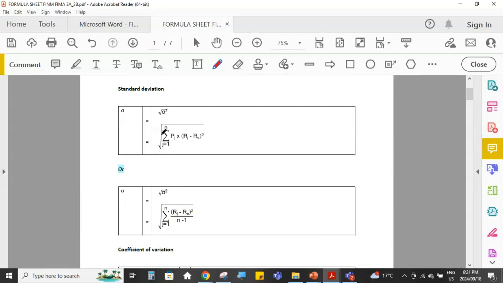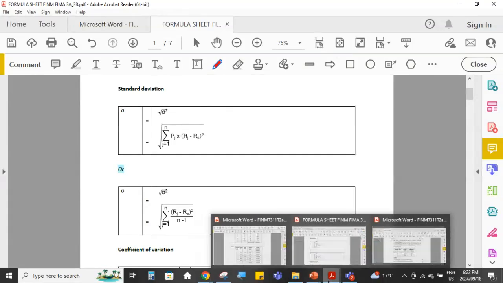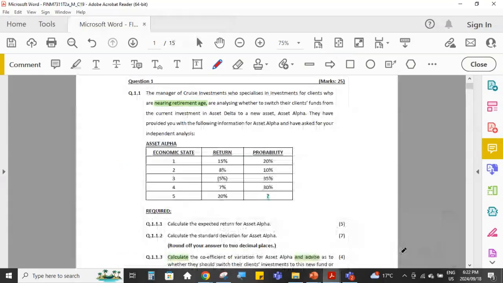And I often see students muddling these two up. It does matter, and it will be incorrect if you use this formula in the question that we are looking at now, because the question we're looking at now does have probabilities in it. Okay, so this one and only this one is the one that we are going to be using.